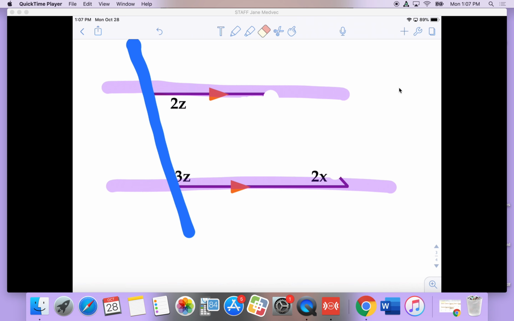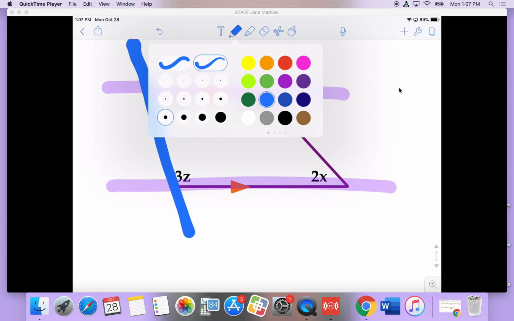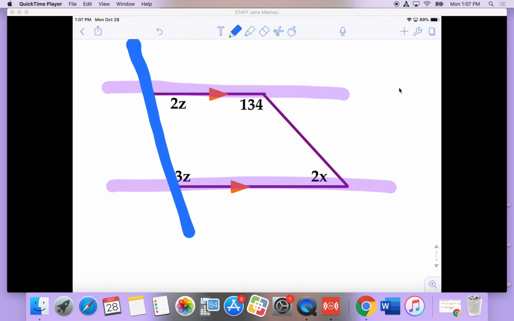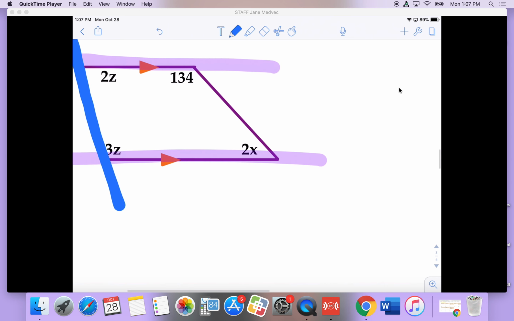So let's take a look at this. How are 2z and 3z related on this problem? What do you think? They are consecutive interior.